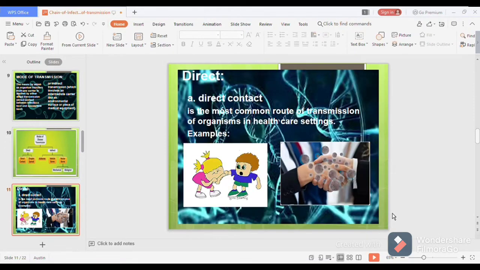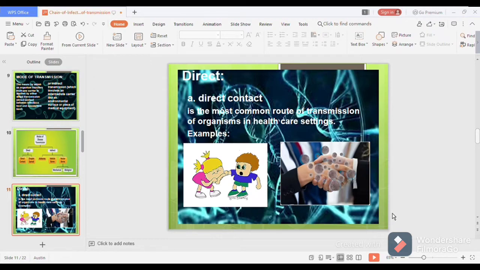So the direct contact is the most common route of transmission of organisms in healthcare settings. For example, illustration 1 is biting the hand of the child, which is the microorganism from one transferring to another, the most harmful substance that can transfer to another human.